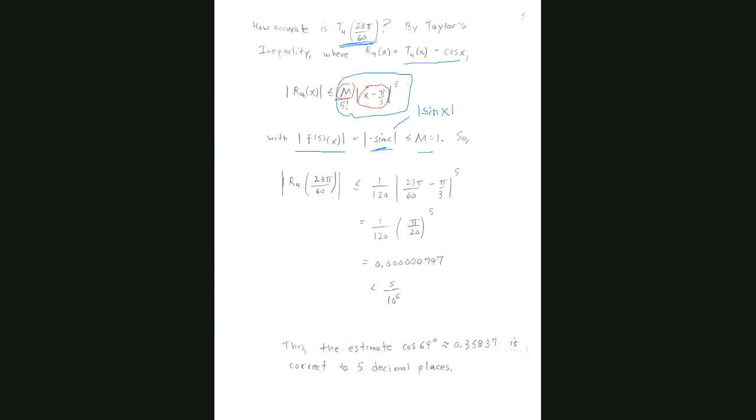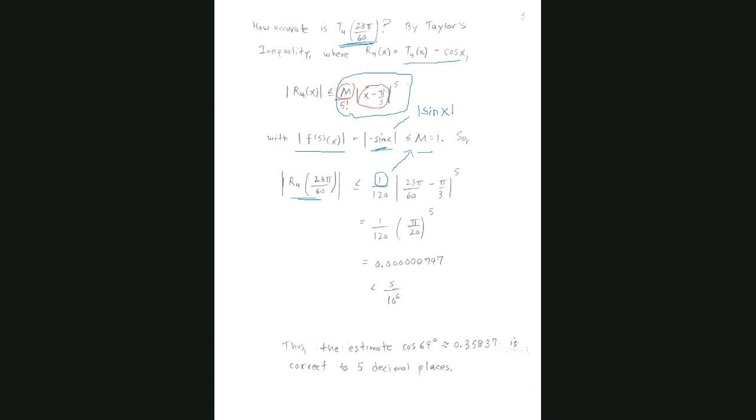And so then the remainder, the error in our approximation, is going to be less than or equal to 1 over 120. Again, that 1 there is your M value.